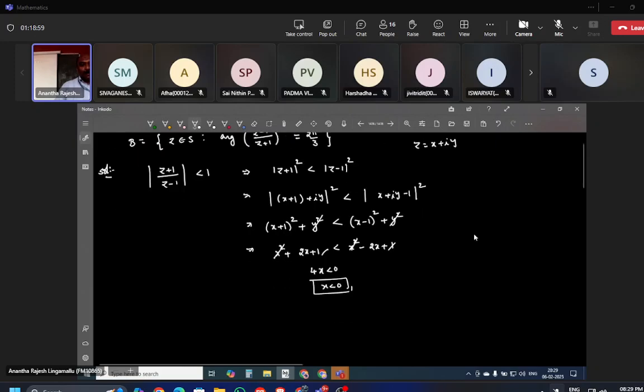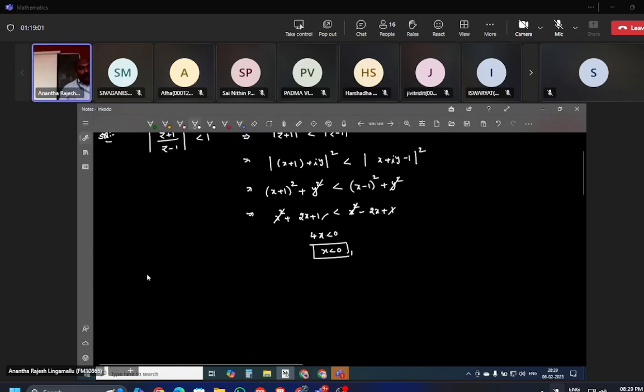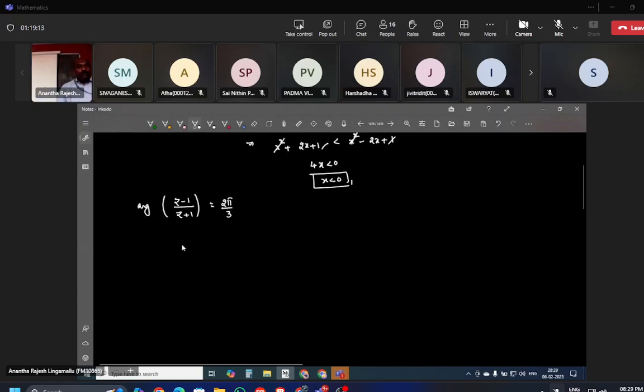Next, set beta. Argument of (z minus 1) by (z plus 1) is equal to 2 pi by 3. So once again, I am taking the argument of z minus 1 by z plus 1.